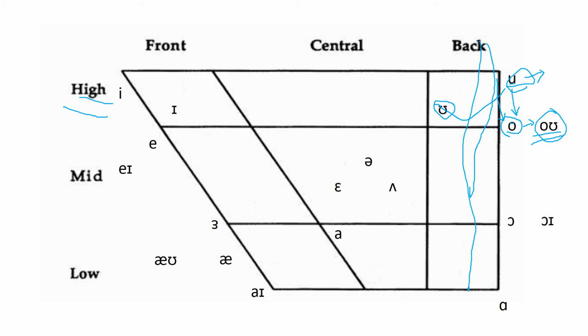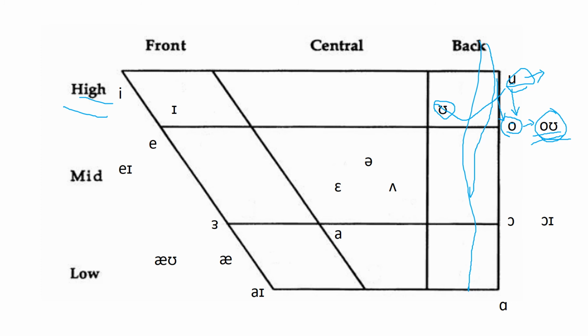Then there is a transition from o to oo. The jaw is a bit more open as we go lower, just like the others. Then the tongue is still at the back part here.